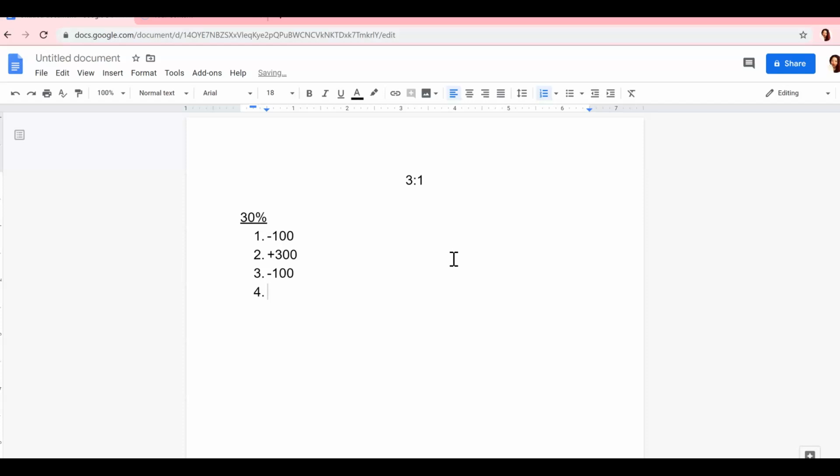So if you see what I'm doing, our reward is 3-to-1. That means if we're risking $100, we want to make $300. And that's what we're going to break down. These are out of 10 trades.